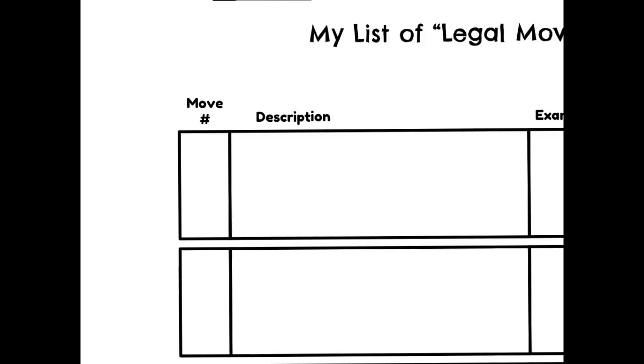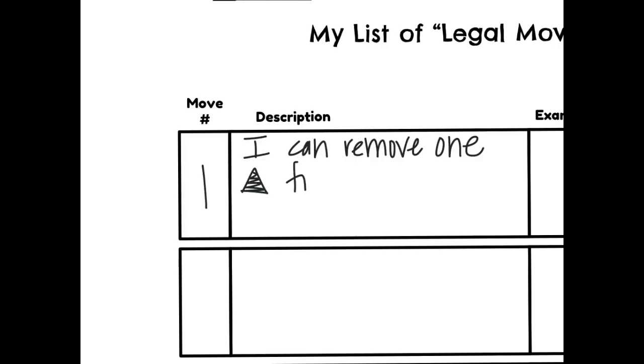Okay, we're going to begin by labeling the first legal move that we're going to talk about as legal move number 1. And legal move number 1 that we've been working with says that I can remove one shaded triangle from each side of the scale.